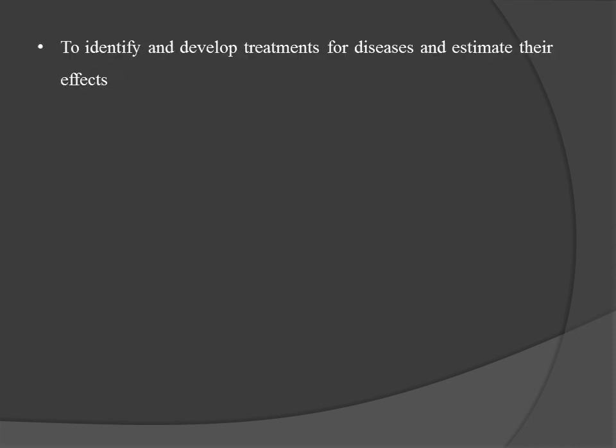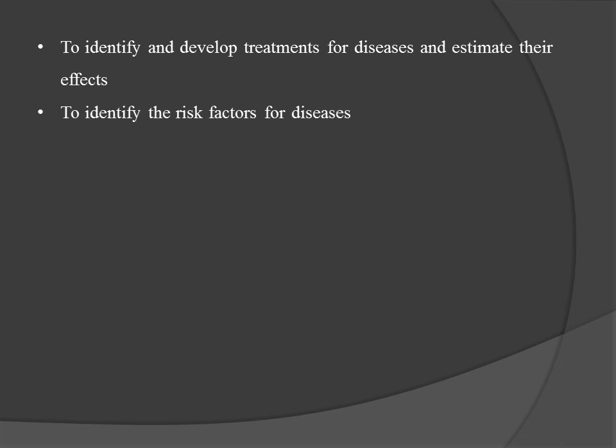The scope of biostatistics also helps to identify and develop treatments for diseases and estimate their effects. It is used to identify diseases by interpretation of symptoms, biochemicals, and other analysis. It is also used to develop treatment for diseases by testing different drugs and concluding with the specific drugs with the specific concentration, and also to estimate their effects.